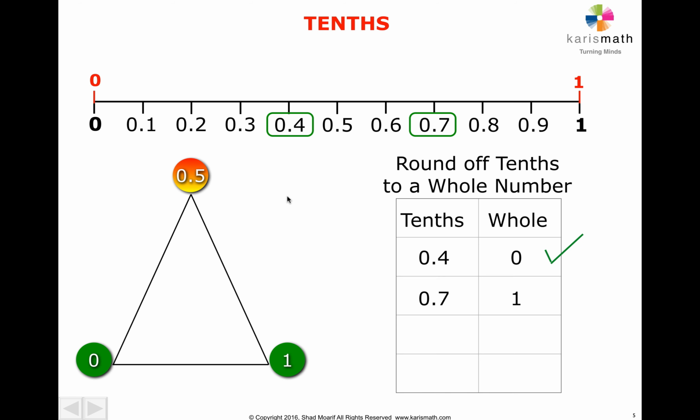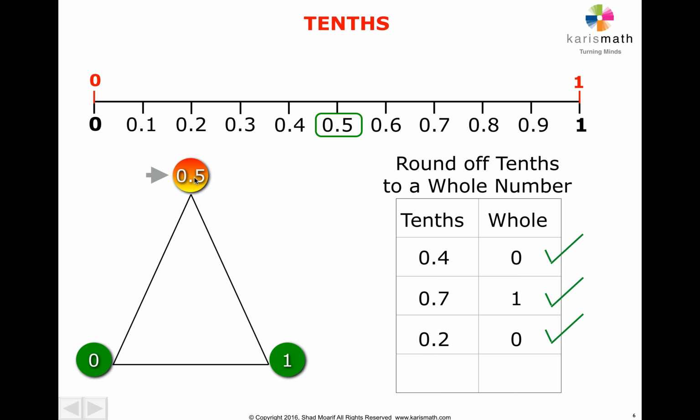So we're thinking in terms of tenths. We convert the tenths into wholes. So what about, let's take this one, 0.2. That'll be here on this slope, right? And it'll roll towards 0. So 0.2 approximates to 0. And what else? 0.5, it's right here.